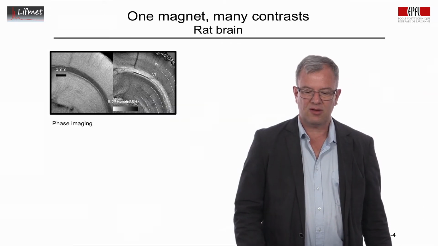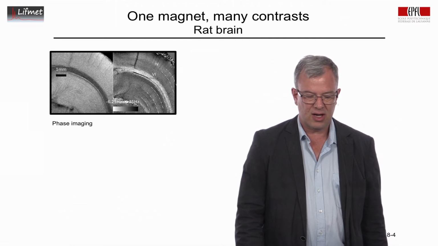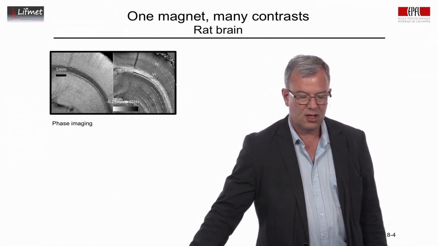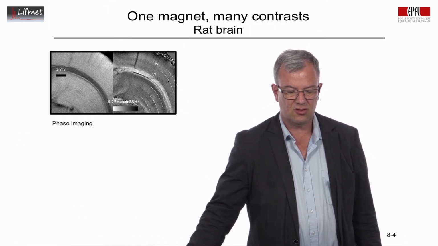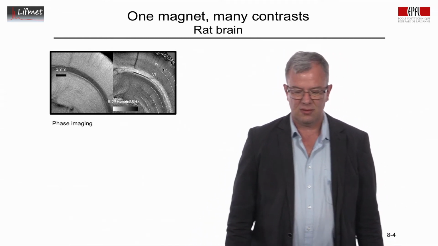Let me go on with the example of one magnet, many contrasts in the rat brain. We have phase imaging, so we have a normal, traditional image here, and if one looks at the magnetic field within the tissue, one can see the different cortical layers inside the brain.